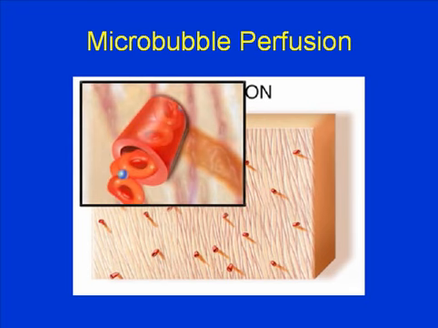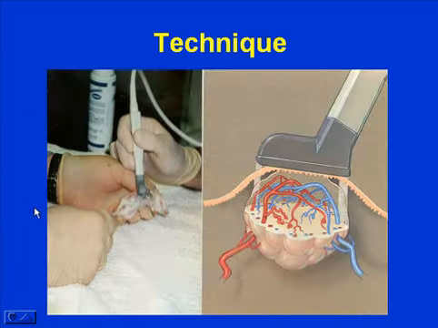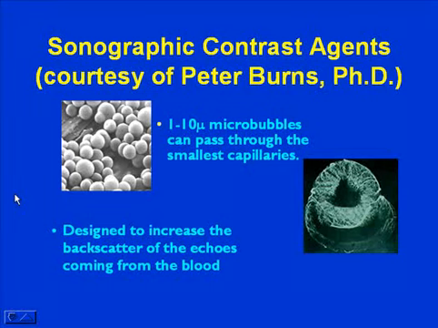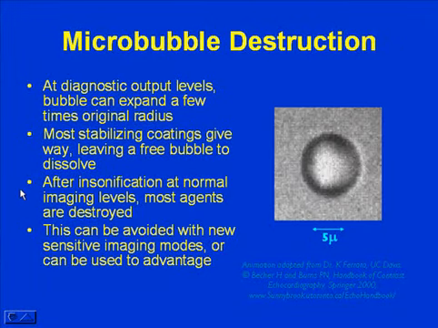So we were interested in developing this technology, and we did many years of mice work with implanted tumors. And of course the microbubbles, as you can see here, are very small particles. They can pass through even the smallest of capillaries. And this is a picture of a microbubble.